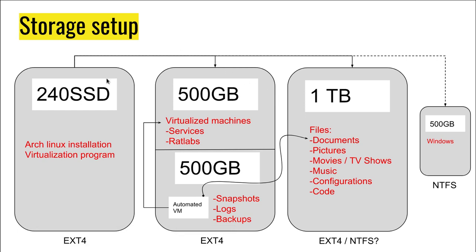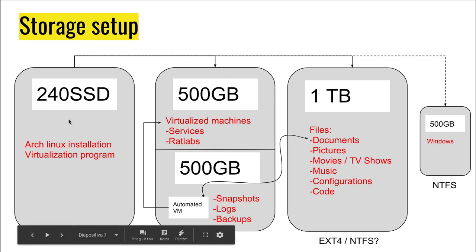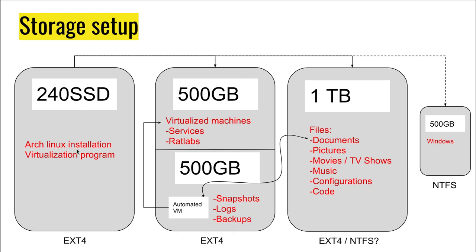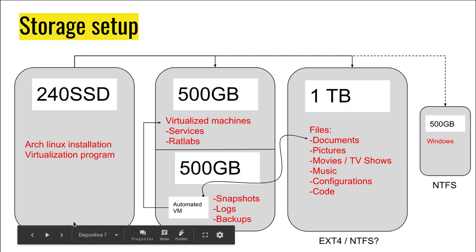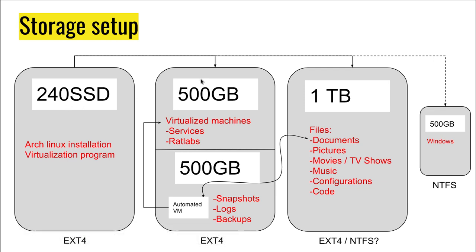As I mentioned here, I'll have the Arch installation and the virtualization program in an ext4 file system on the SSD drive. Over one of the 1 terabyte drives, I'll separate that in two partitions. Both of them, I think, will be ext4.